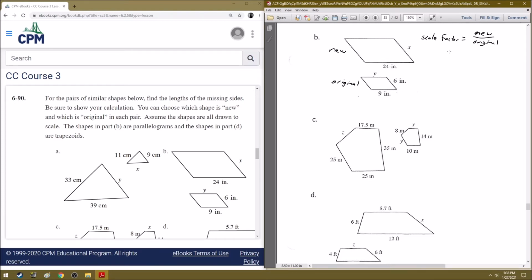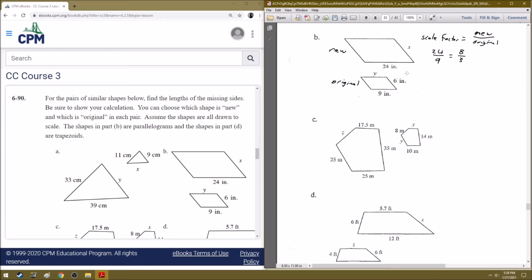So we want to take the new, which is going to be 24, and divide that by the original, which is 9. And we can simplify that a little and get 8/3. So that will be our scale factor.